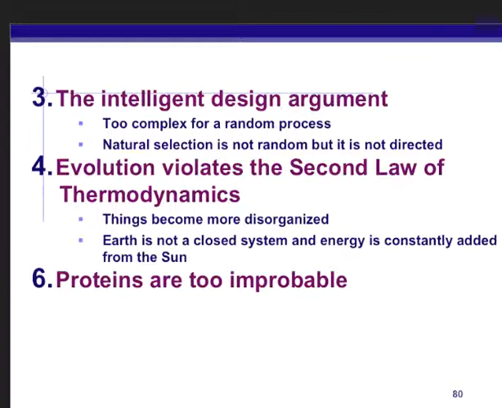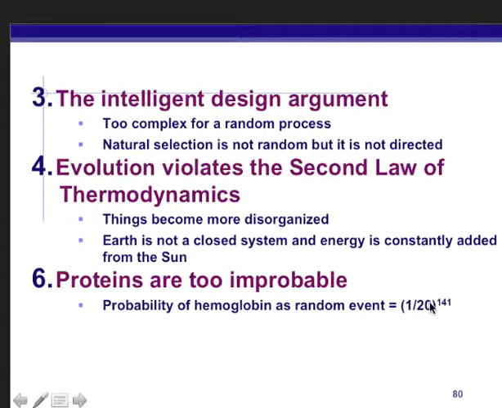Proteins are too improbable to have come about on their own. The probability of hemoglobin as a random event forming, because of all of the different amino acids involved, is 1/20 to the 141st power, the amino acids to the 141st power.